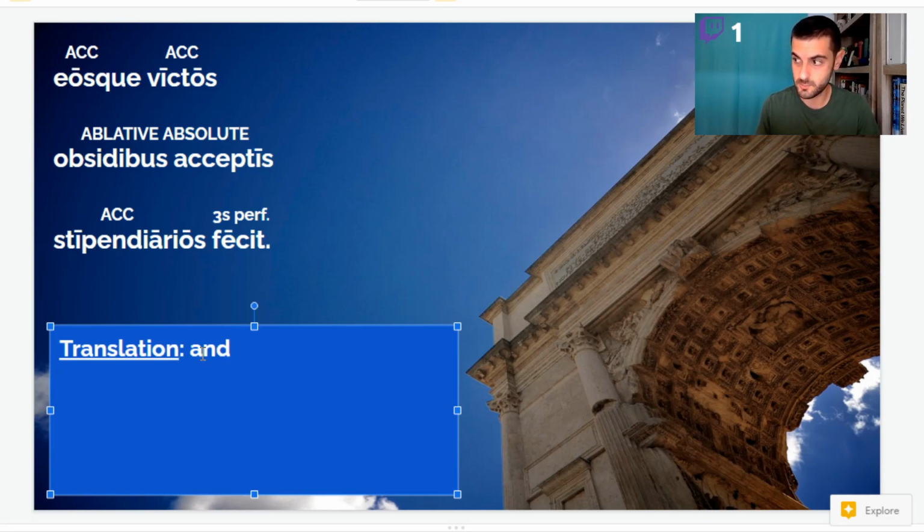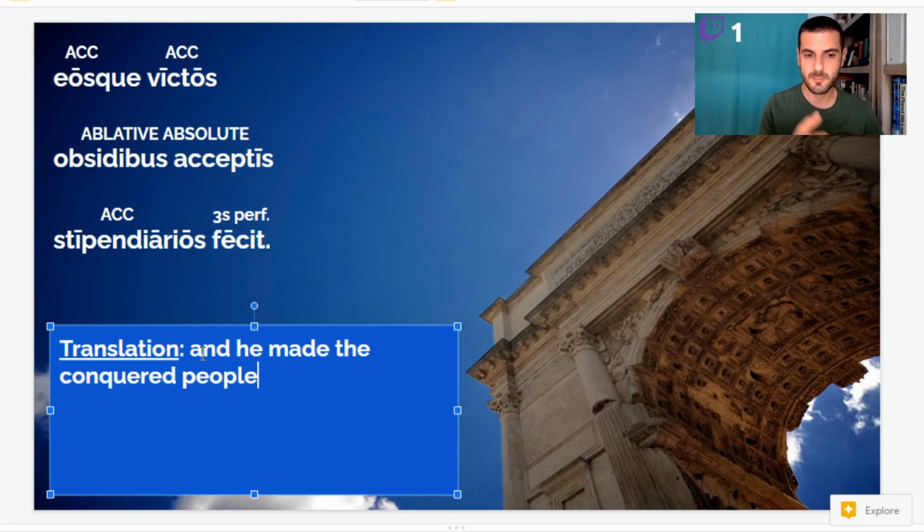Fecit eos, he made them being the victos. So he made the conquered people. He made them stipendiarios. He made them the kinds of people who have to pay tribute. So we could say he made them tribute payers, or he made the conquered people pay tribute. I think it's probably an easier way to do that in English.